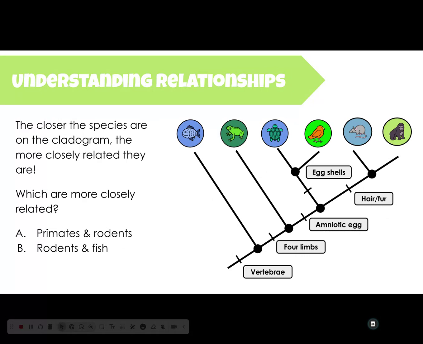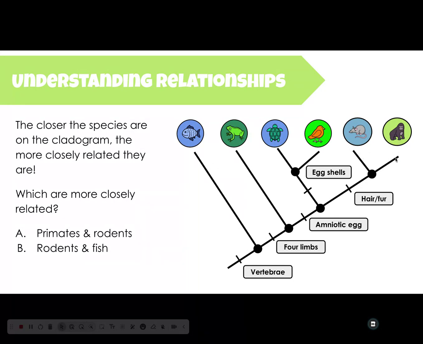So if we want to understand how to interpret a cladogram, the distance of the species on the cladogram is important, because the closer their species are to one another, the more closely related they are evolutionarily. The more physical distance between them on the cladogram, the less related they are. So if we were to compare primates and rodents to rodents and fish and need to determine which pairing is more closely related, we would literally track the distance on the cladogram.